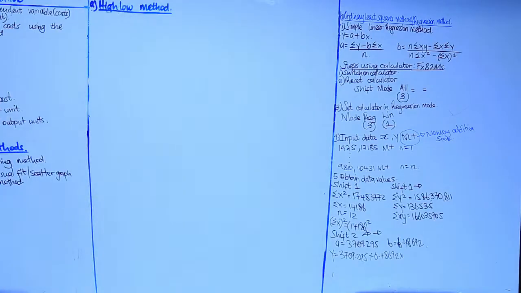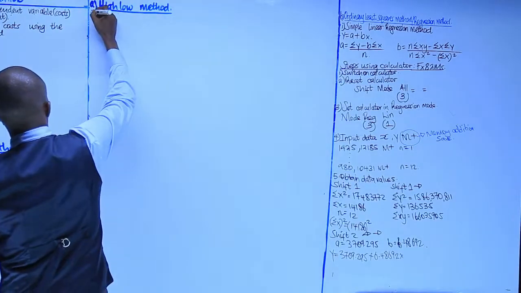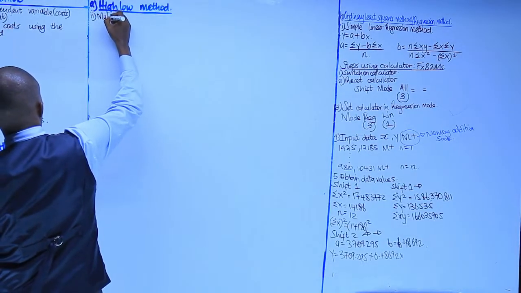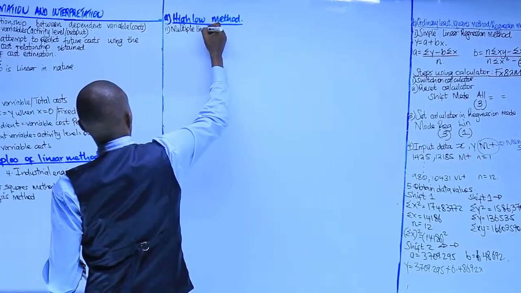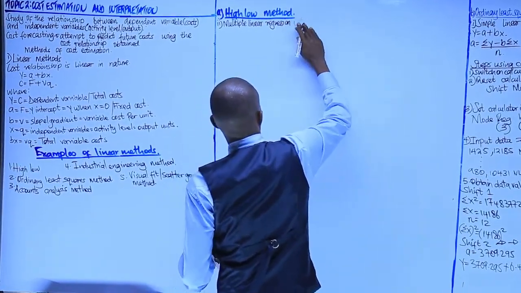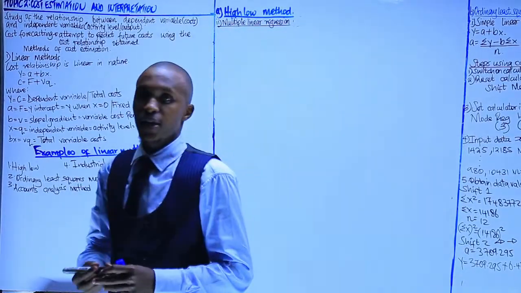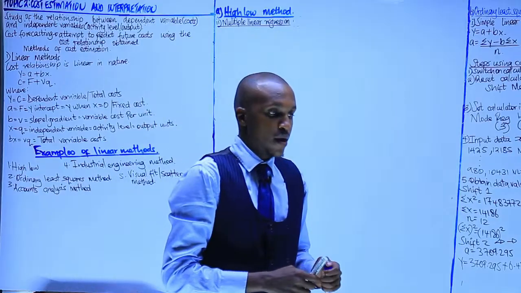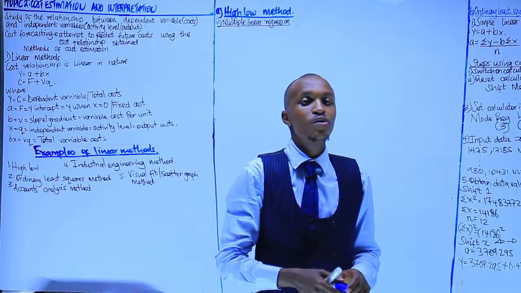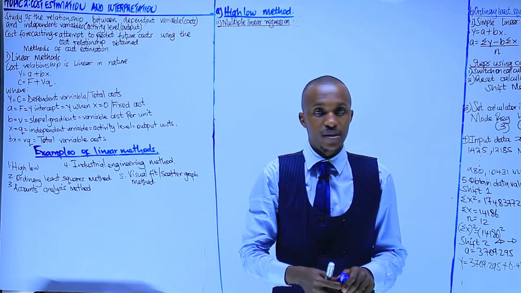But before that, let me show you how we deal with multiple regression, the multiple linear regression method. This is a regression method you use when you have more than one independent variable x.